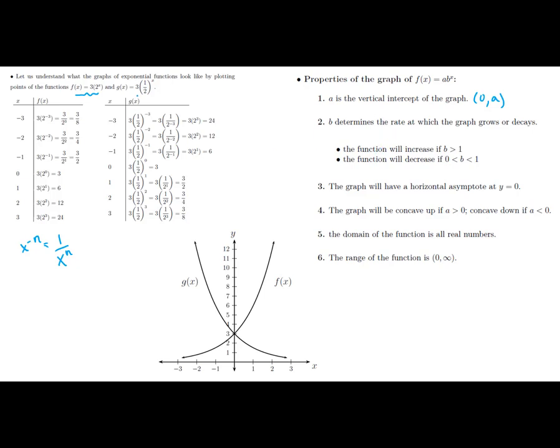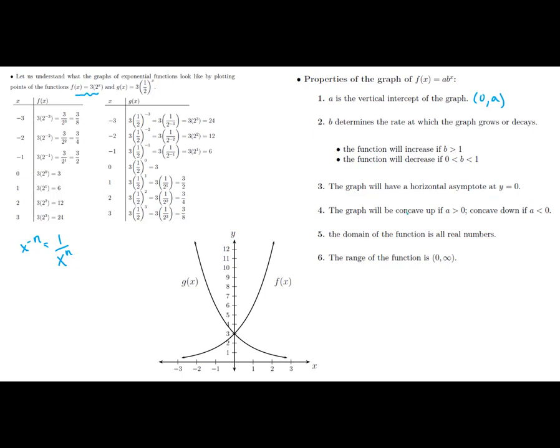So b is the base, and it's going to be an increasing function or an exponential growth function when b is greater than 1, as you saw up here. When b was 2, we had exponential growth. And then when b is between 0 and 1, that's when we get exponential decay, just like in g of x.